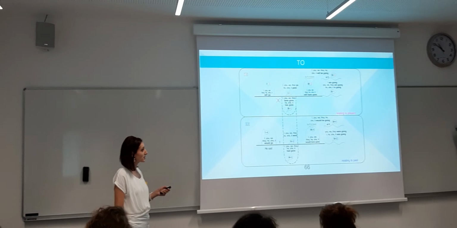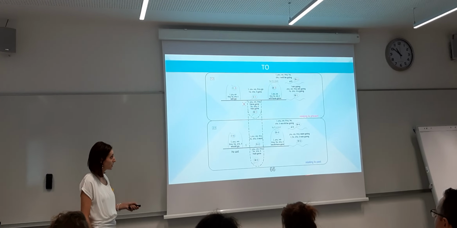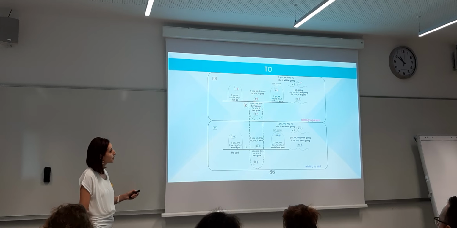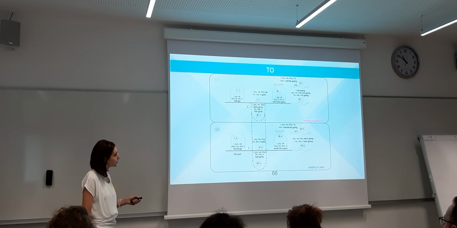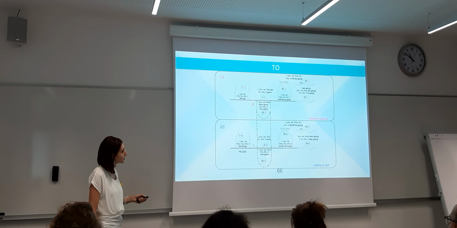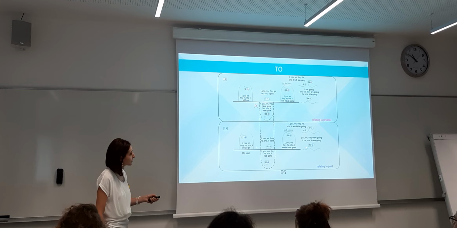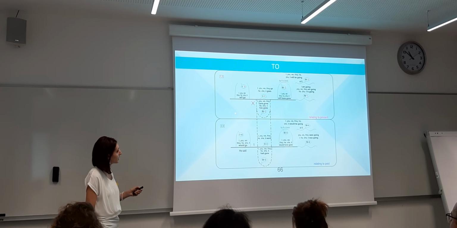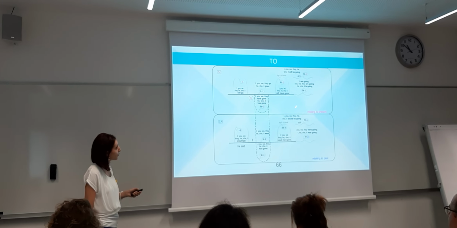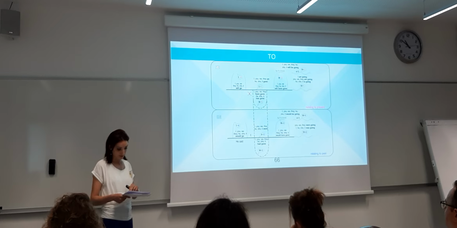So when we have a starting point in past, all numbers 1 descend to 2. 1, 2, 1, 2, 1, 2, and here 3, 4, 3, 4, 3, 4.